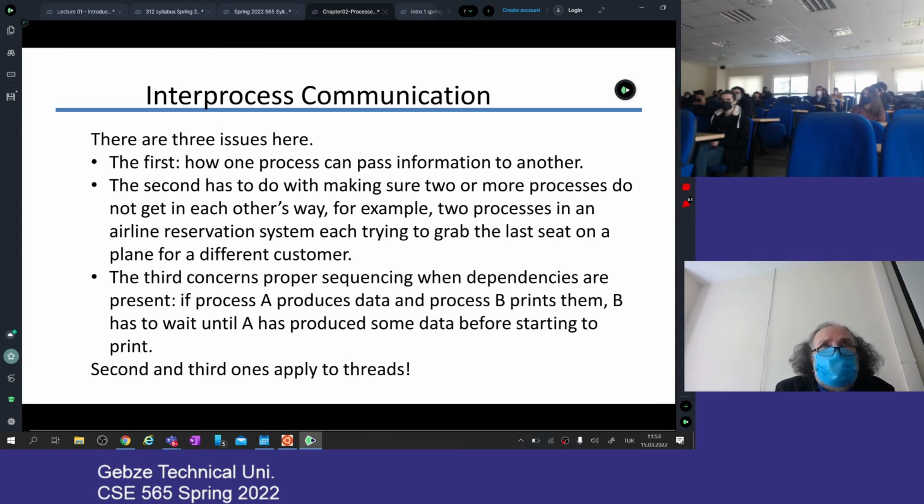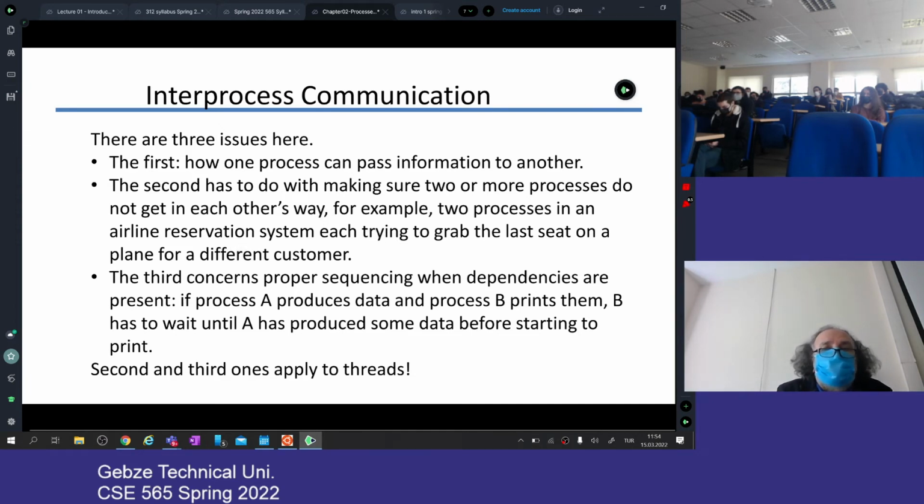For example, I have two client threads trying to make a reservation for a passenger of an airline, and both are trying to grab the same seat at the same time. The seat is available, both of them think that they got the seat. That's going to be a problem, so we should be careful about this.